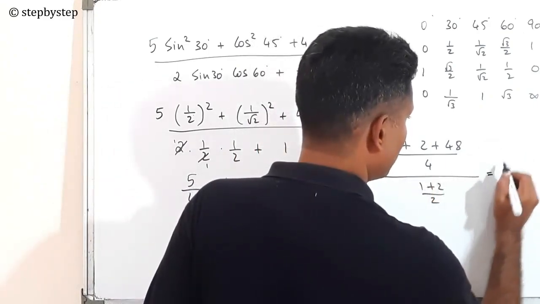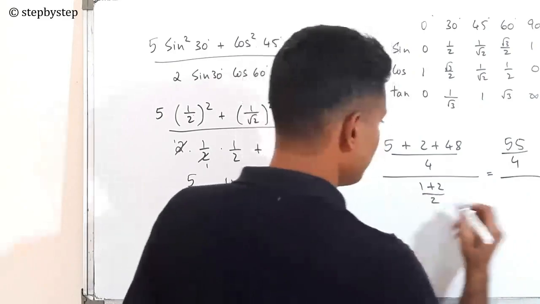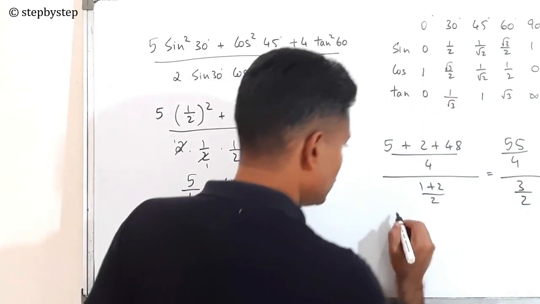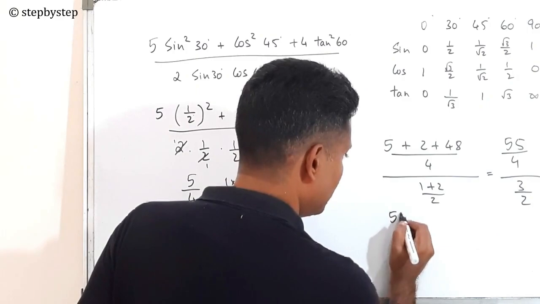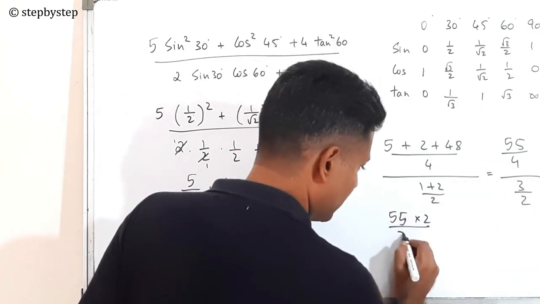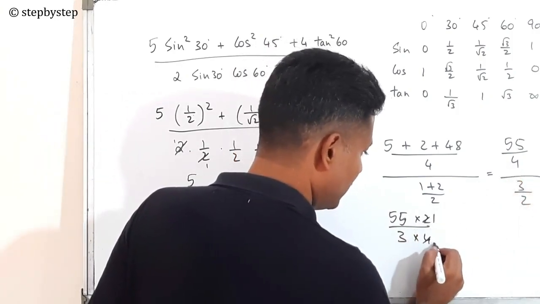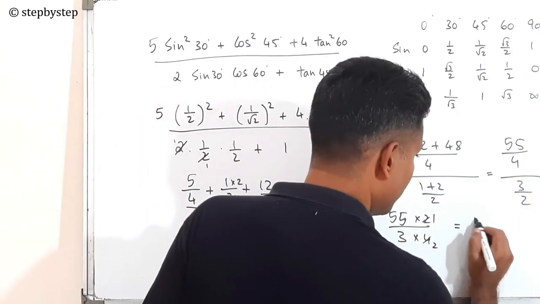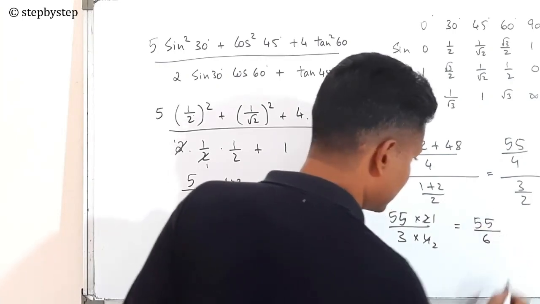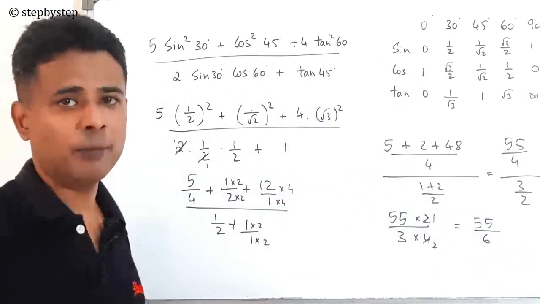So we get 55 by 4 whole by 3 by 2. So this becomes 55, the denominator 2 will go up, so 55 into 2 by 3, and this denominator 4 will come down, so into 4. So 2 1s are 2s are, so we'll get 55 by 6. Can you simplify further? No. So the answer is 55 by 6.